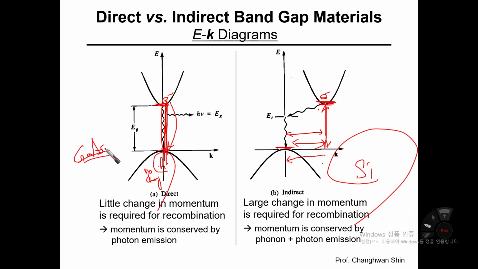So in this slide, please remember how to draw the EK diagram, why the parabolic curve is obtained in this EK diagram, and take a significant look at how the momentum changes depending on what kind of material system we are in.